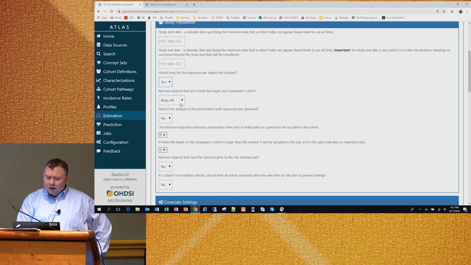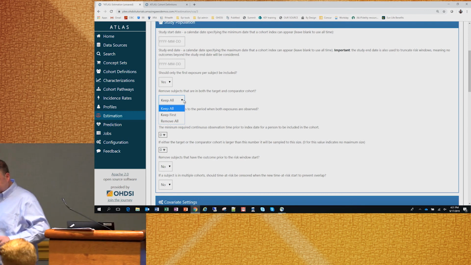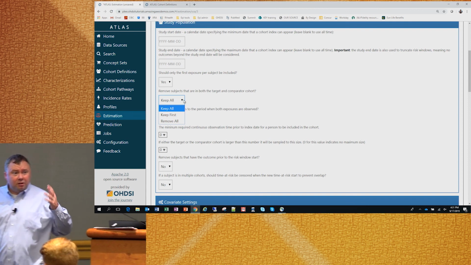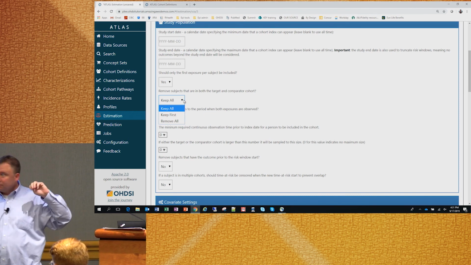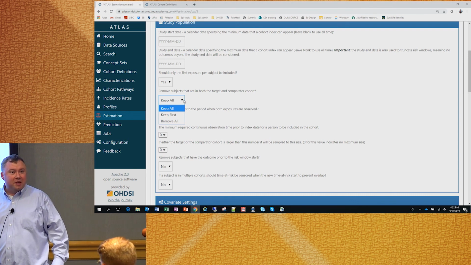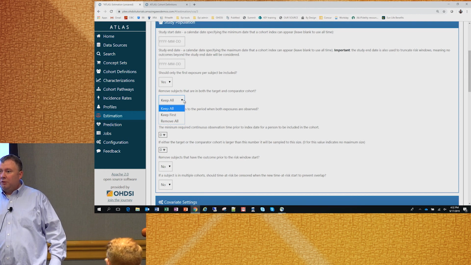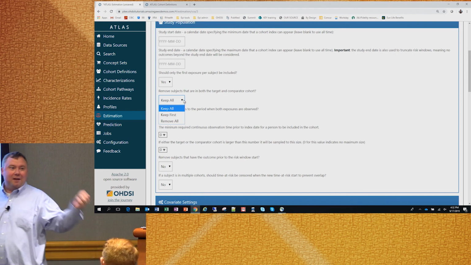So if we want to have first exposure, then we have to ask the question, well, what do we do with people who are in both the target and the comparator cohort? So imagine, in certain circumstances, that a person could qualify for both the target group and the comparator group. In our specific situation here, we actually determined that this can't happen because our new users of nivolumab can't have carboplatin, and our new users of carboplatin can't have nivolumab.